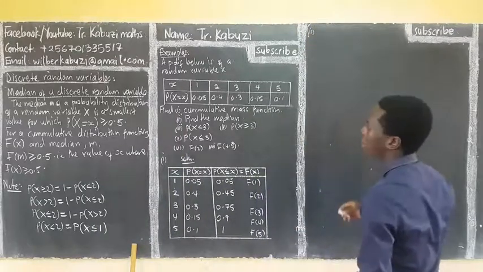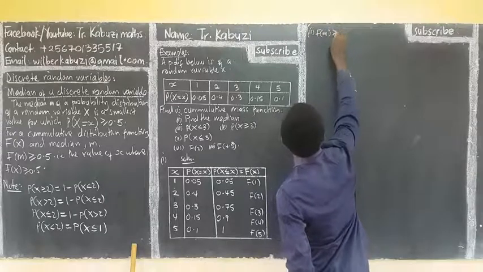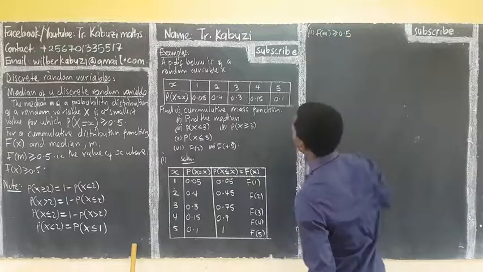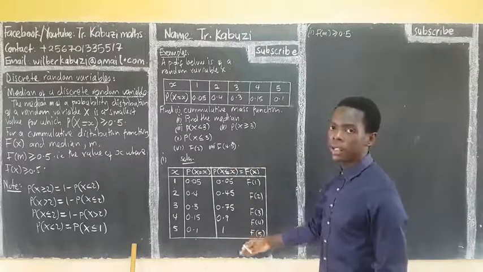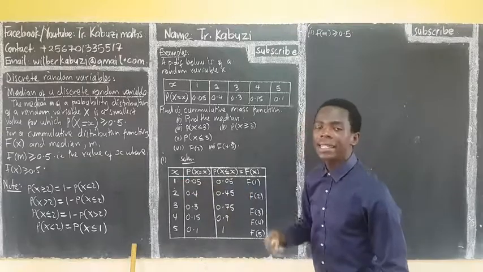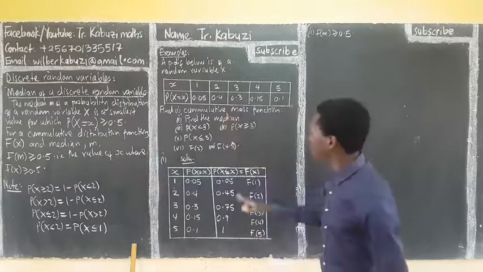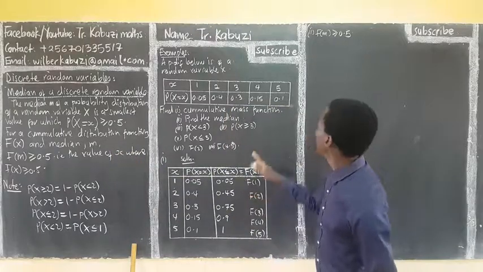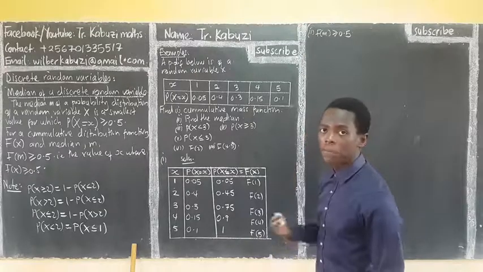Now the median, we say it's the F of m greater or equal to 0.5. Now to get the median, come in your cumulative mass function column. You trace the value of x which is greater or equal to 0.5. In this one, we are using the cumulative mass function or the distribution function.